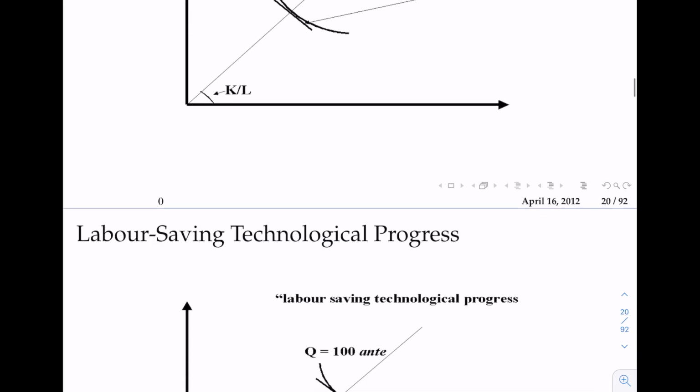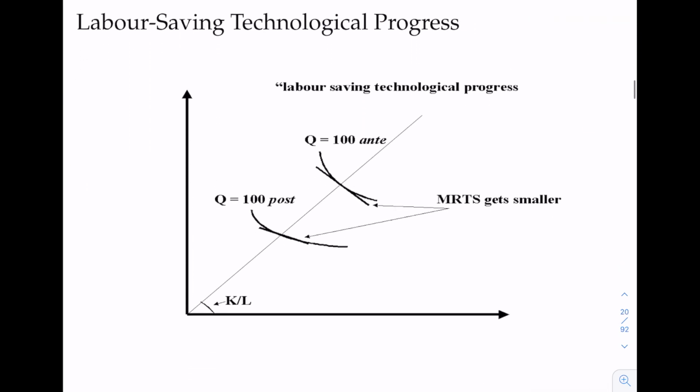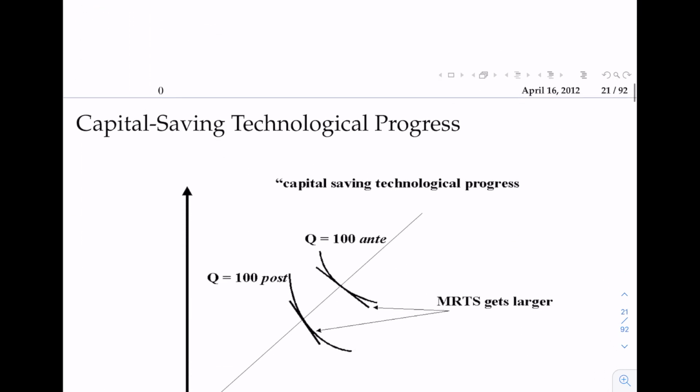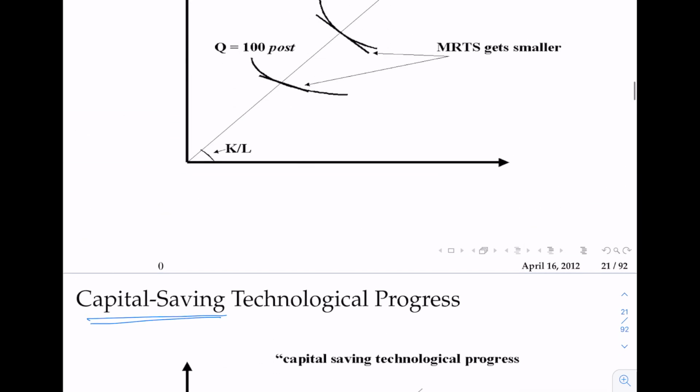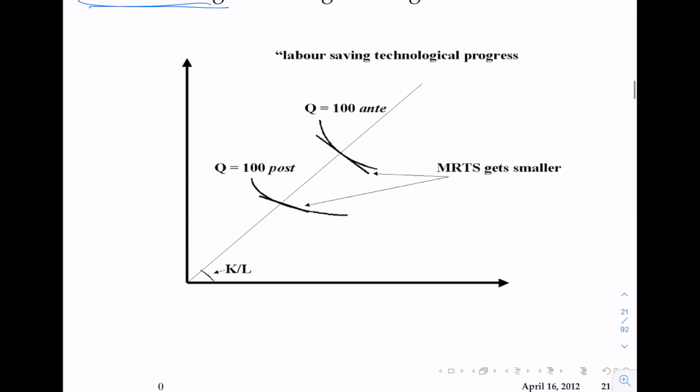And the technological progress can be labor saving, or it could be capital saving, okay? So we didn't fully specify what the producer's objective function to maximize is yet, but we'll see that eventually. We'll see some kind of a tangent line to this isoquant curve, right?